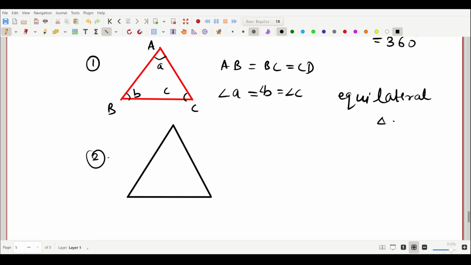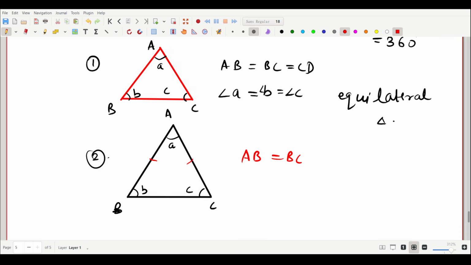For example, let's say this is A, B, and C. Angles here, A, B, and C. But in this triangle, not all the three sides are equal. Only these sides are equal. AB equals BC.